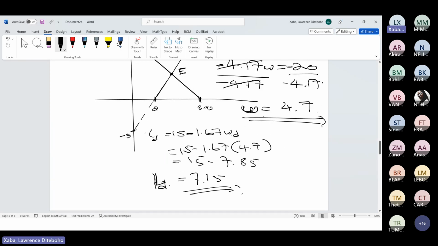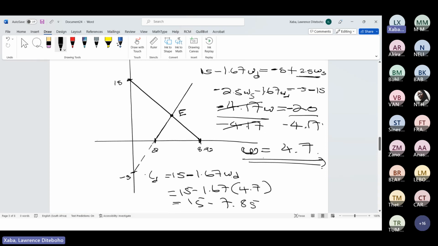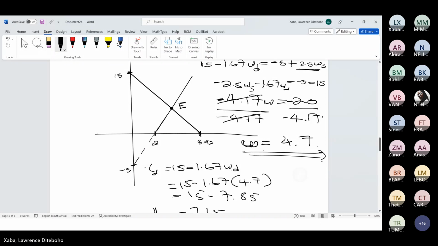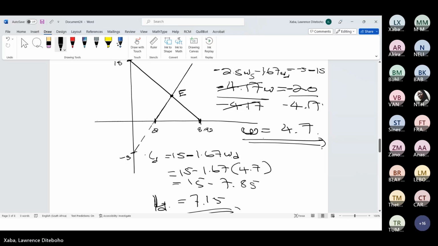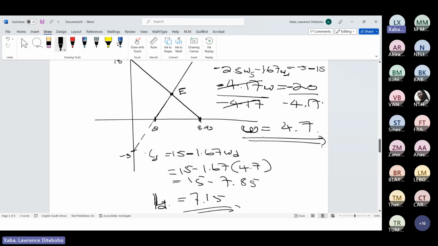Let's go back. We are getting a different number. I'm trying to check what went wrong. Let's check how we did our rounding.